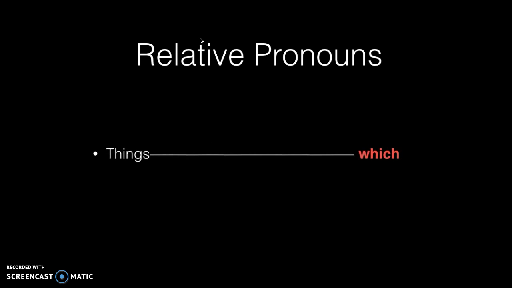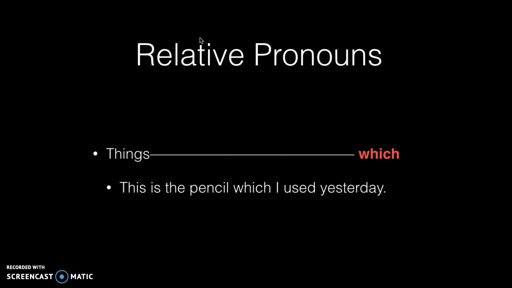Finally, we have the last common relative pronoun, which, and which is used to describe things. This is the pencil which I used yesterday. So pencil is the noun, and which I used yesterday is the adjective clause. Which is describing a pencil, and a pencil is a thing, right?